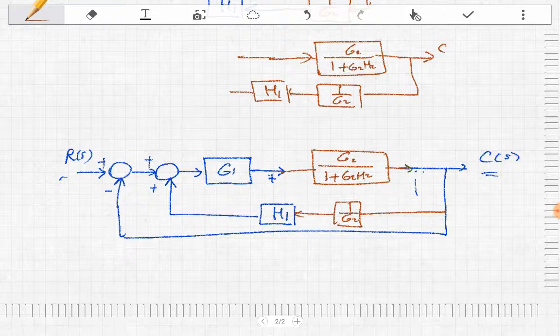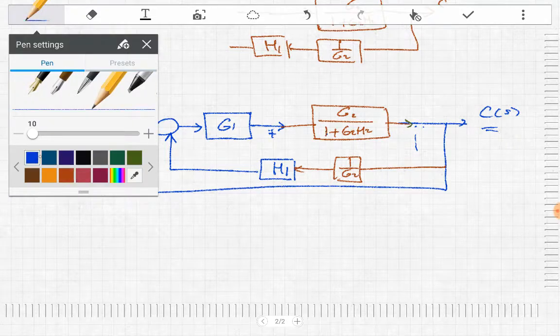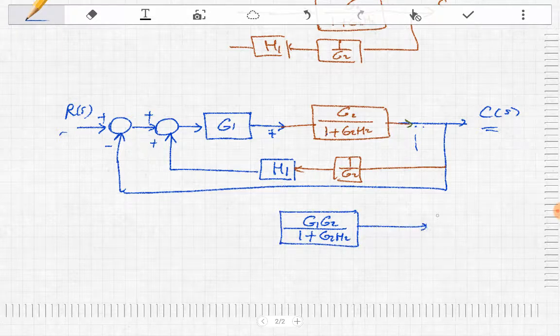Now, this is our new graph. Very easy thing I'm going to do. This block and this block, they are in series. I just multiply. So I would say it's equal, let's make it blue now, G1 times G2 over 1 plus G2H2. And you have a block that's C, that's the summing point, plus R. And this one you had positive.